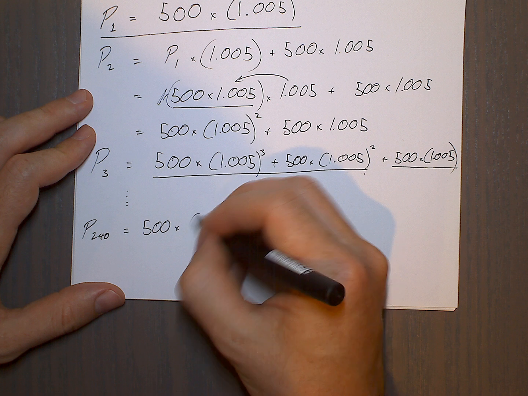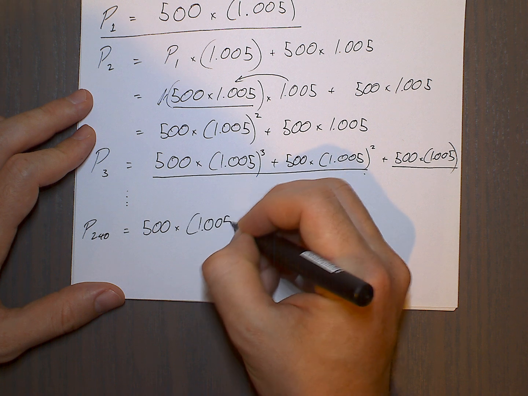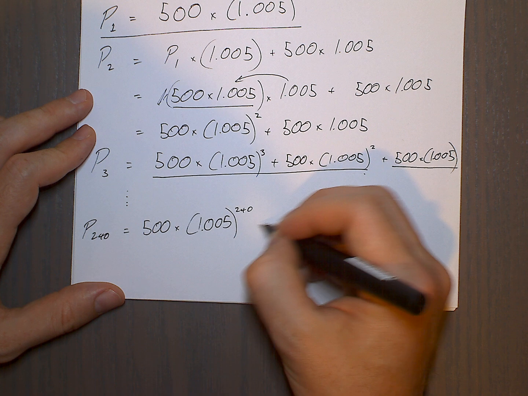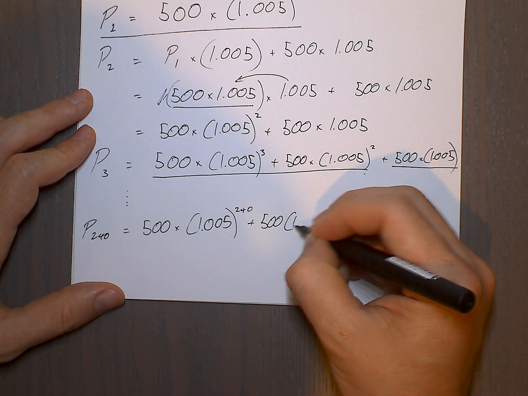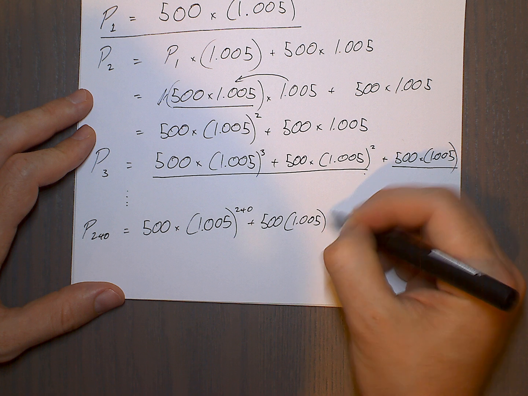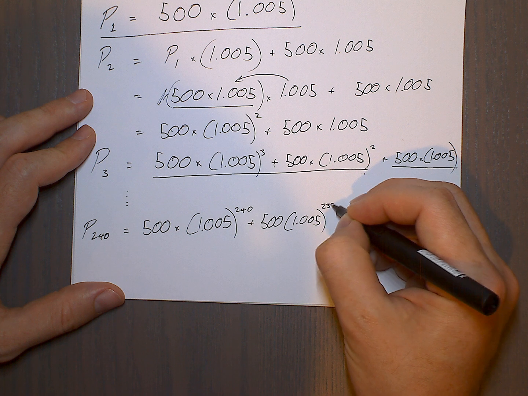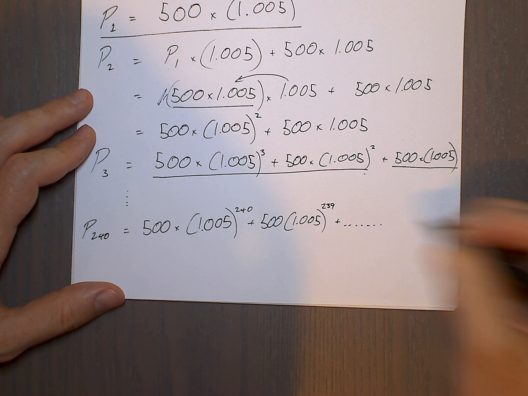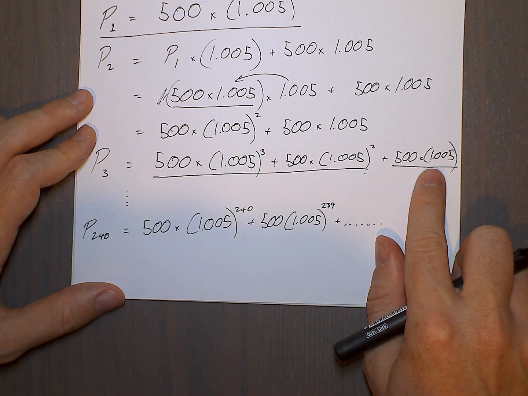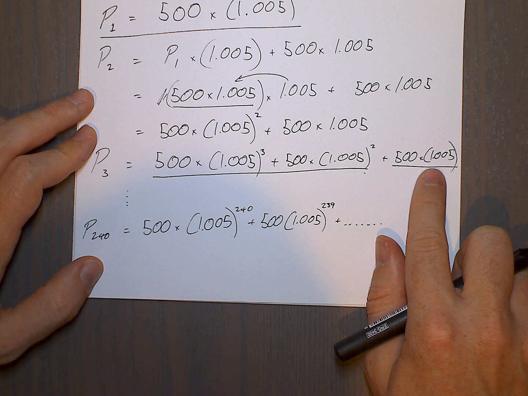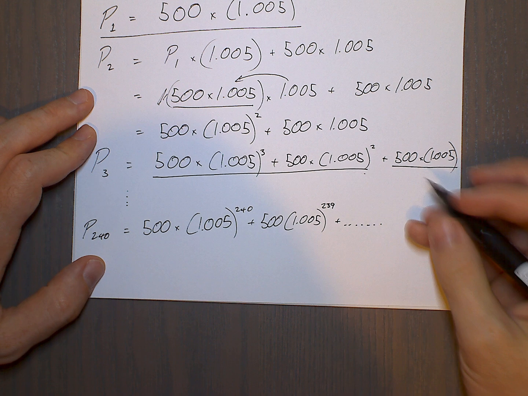But just so you understand, that is exactly what we're doing. Let's just go to P239 plus, all the way down till we get just this one here, which would be the 240th installment of $500.